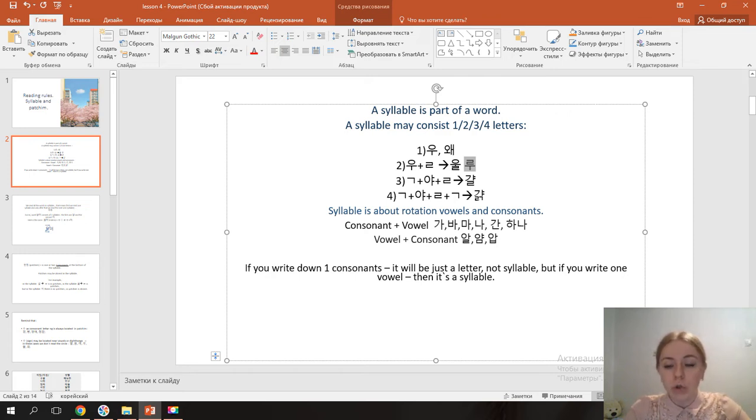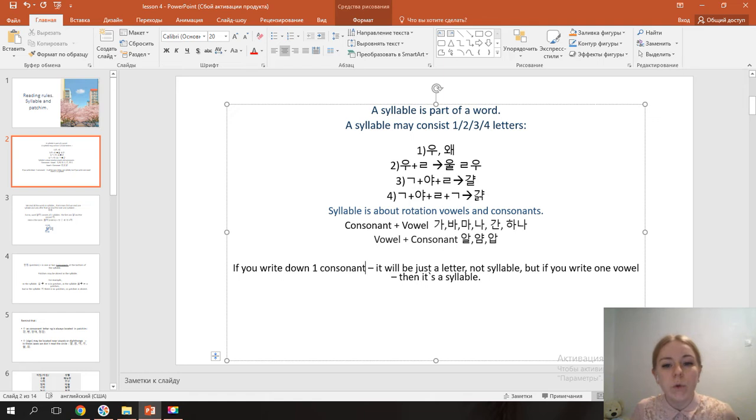But if we want to write down two different syllables, we can write it in this way. But r is a consonant, and a consonant doesn't form a syllable. So there is the rule that if you write down one consonant, it will be just a letter, not a syllable.